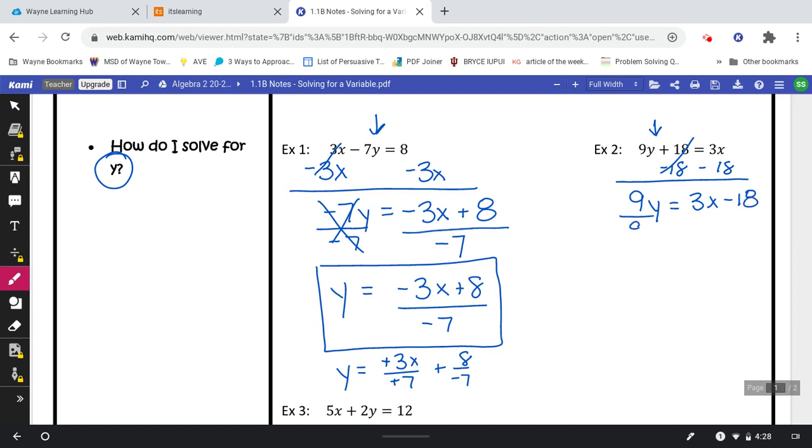And again, you can divide by 9, either the entire problem, and leave your answer like that. That is a beautiful answer.